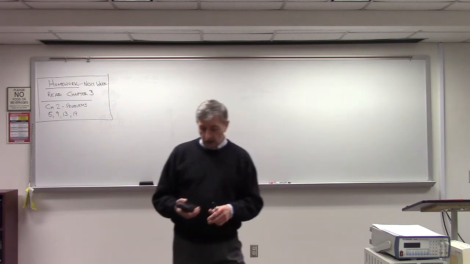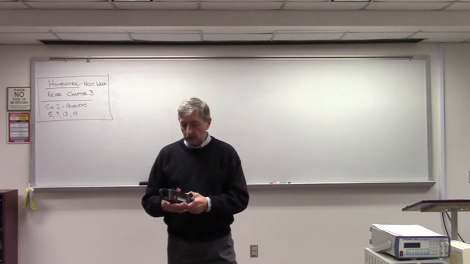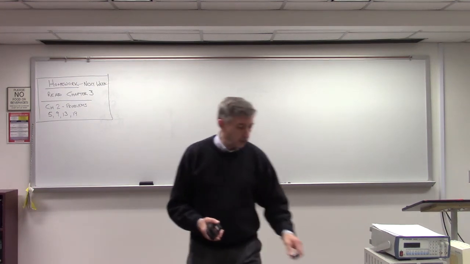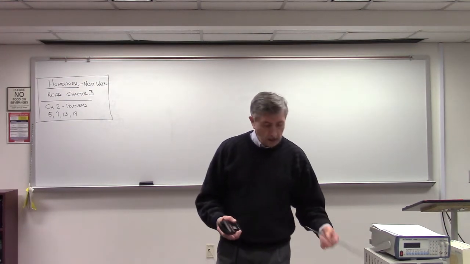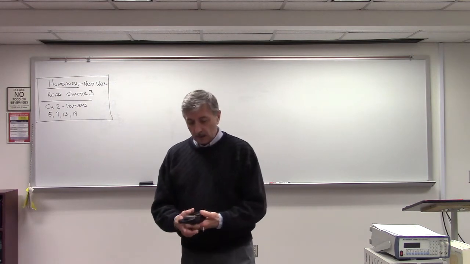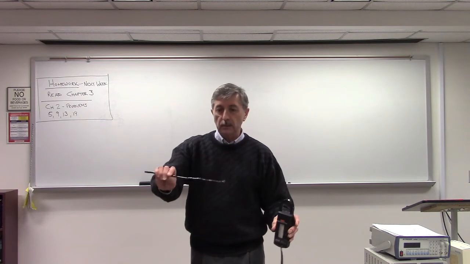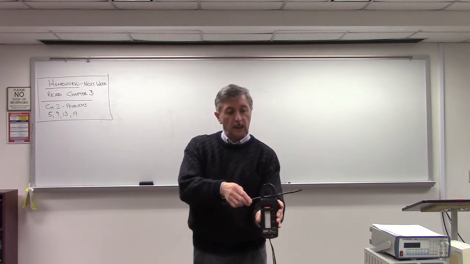I have an ammeter. It doesn't look like a conventional ammeter, but I can measure the current flowing in a wire without connecting anything to it with this little guy. If this were a long wire, I would just clamp onto that like that.